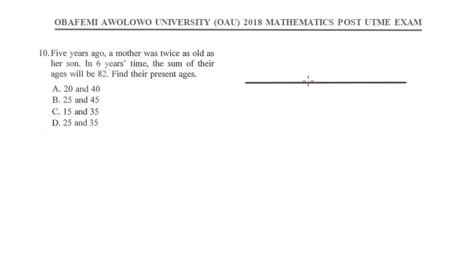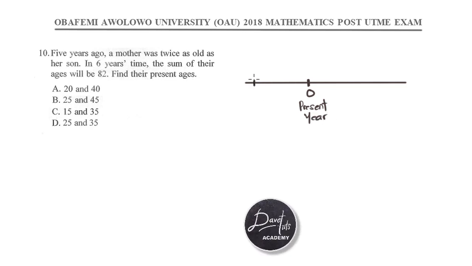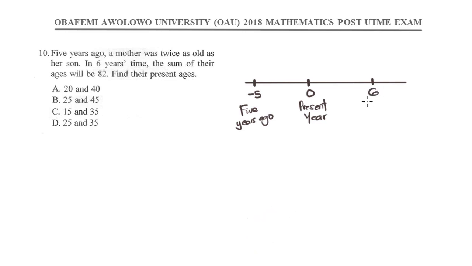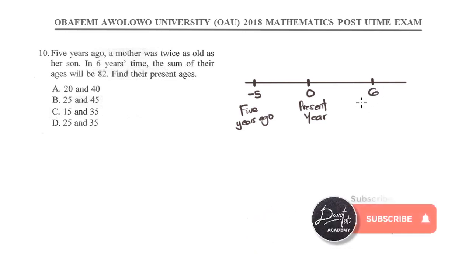So let's draw our timeline, in which presently we are going to be using today as a reference point, and that is 0. 5 years ago will be minus 5. We are going to the past. That's 5 years ago. And in 6 years' time will be 6 years into the future. That will be 6.